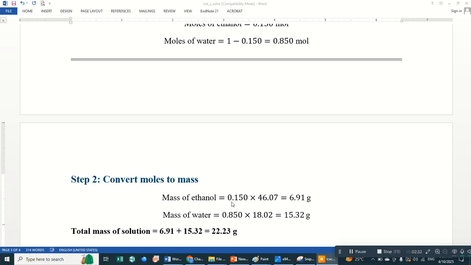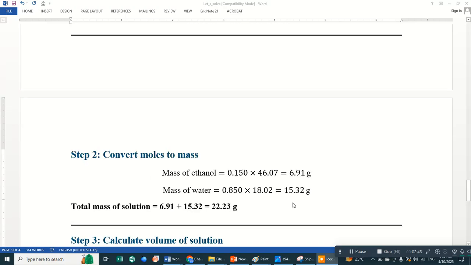When we multiply the moles of ethanol with the molar mass of ethanol, we get 6.91 gram. The mass of water is 15.32 gram when we multiply the molar mass of water with its mole fraction. The total mass of the solution, ethanol plus water, is 22.23 gram.